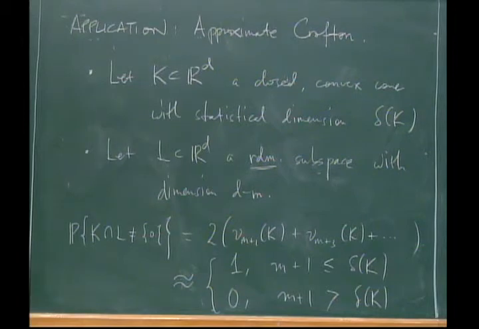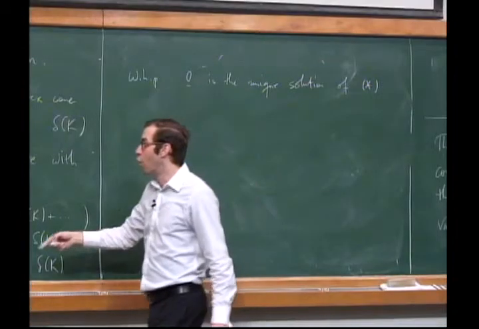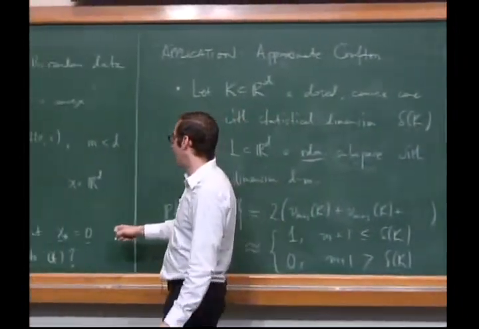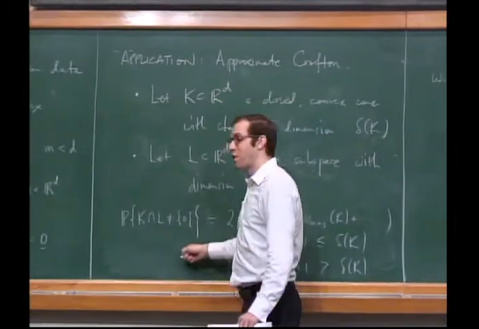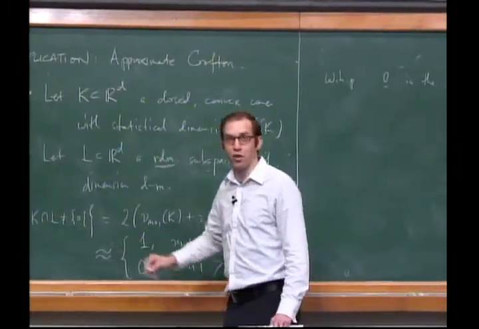It says that with high probability, 0 is the unique solution of the optimization problem (star). Well, I've got to turn this around, because over here I was interested in the case where the cone and the subspace have a trivial intersection, and now I've got the probability that they have a non-trivial intersection.